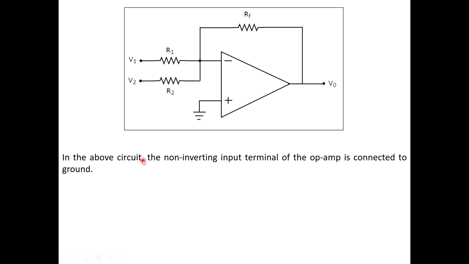In the above circuit, the non-inverting input terminal of the op-amp is connected to the ground. Yes, it is connected to the ground over here. That means 0 volt is applied to the non-inverting input terminal. So let's apply the virtual ground concept, or the virtual short concept. What was that? It says that whatever voltage is applied over here, the same voltage would appear at the inverting terminal. This we have discussed yesterday in our lecture.